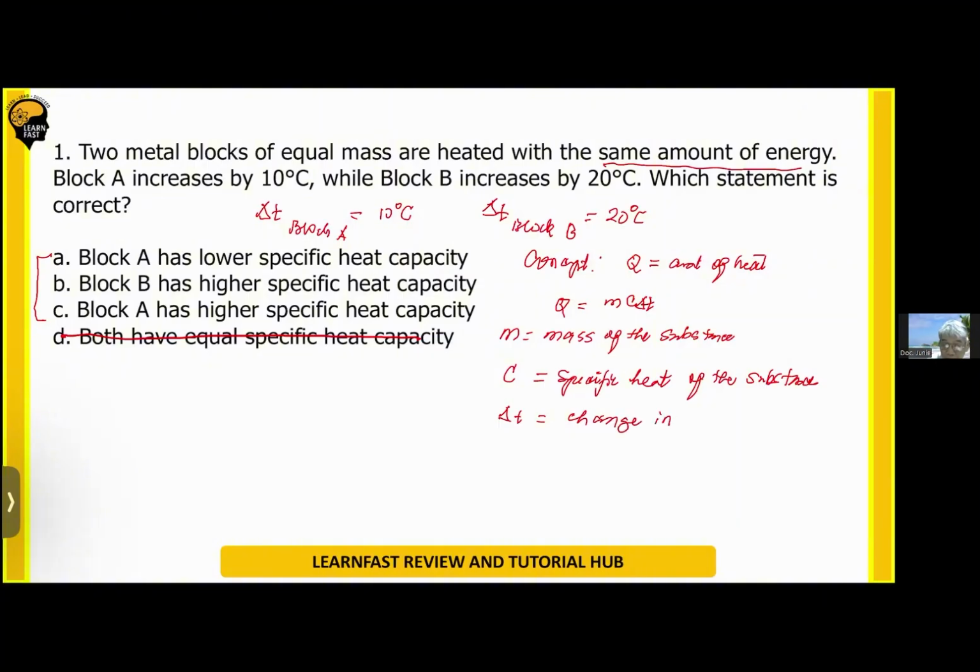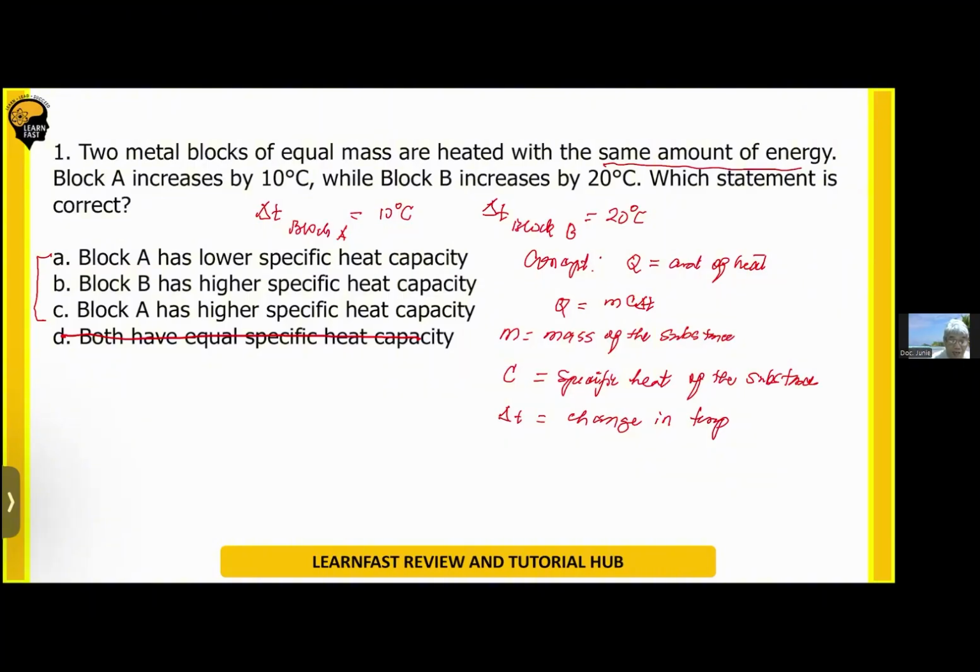So we are comparing here the amount of heat transferred by block A with the amount of heat transferred by block B. But the problem statement says that the amount of heat transferred is the same.